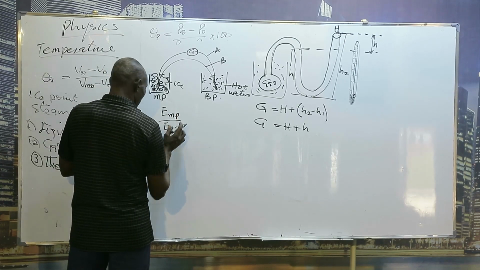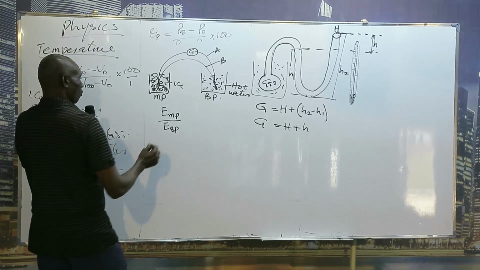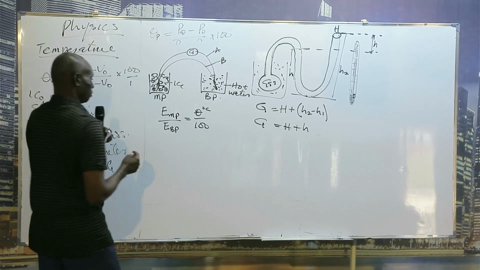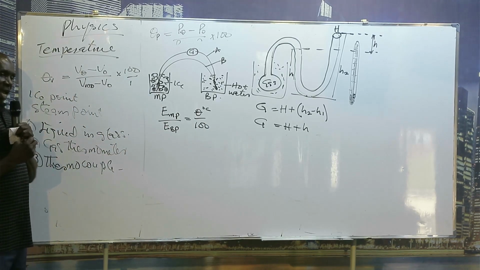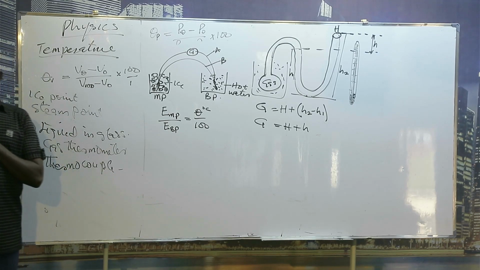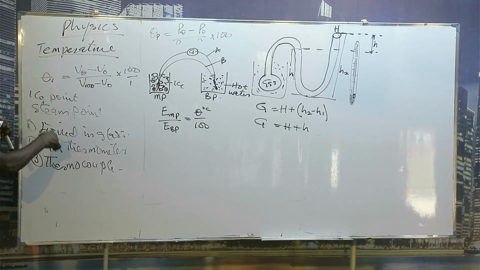EMF of melting point over EMF of boiling point is equivalent to theta in degrees C over 100. So whenever you hear of the thermocouple, this is the equation for its calibration. We use it to solve problems on this. That capital letter stands for EMF, electromotive force.